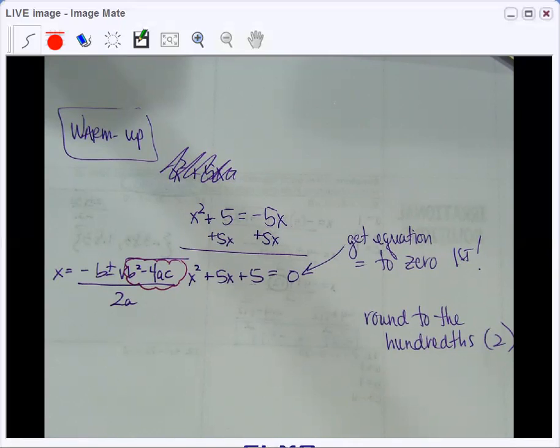Okay, so let's look at this because I'm seeing people that have the right number under the radical.